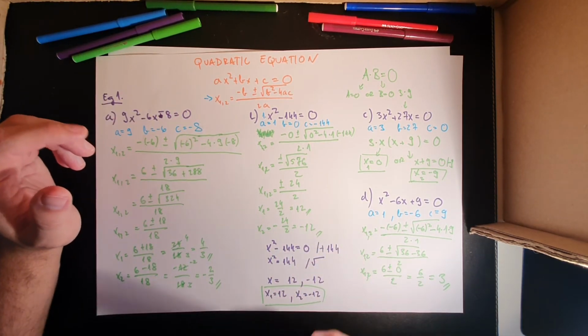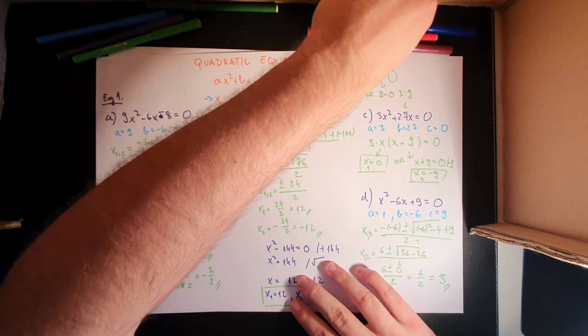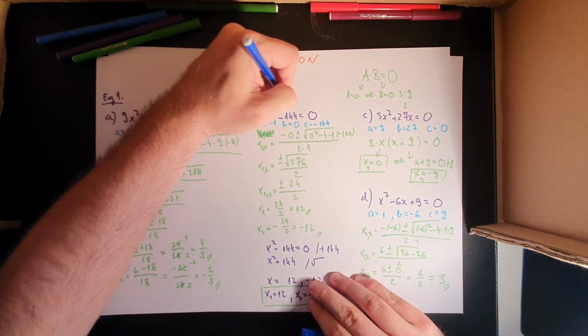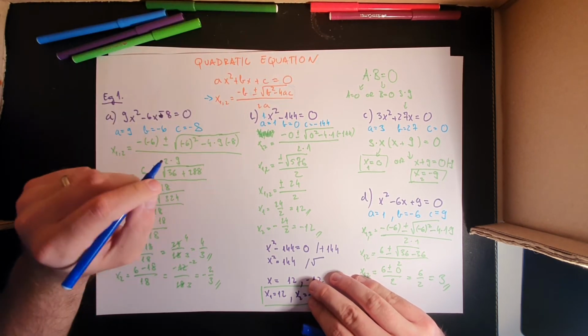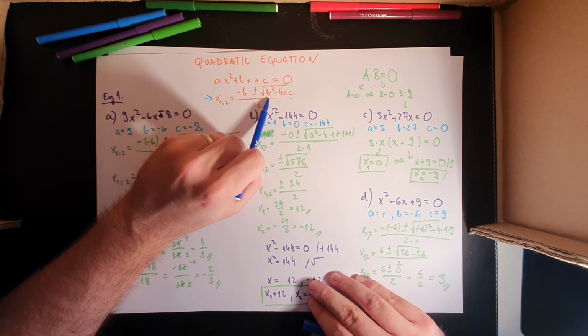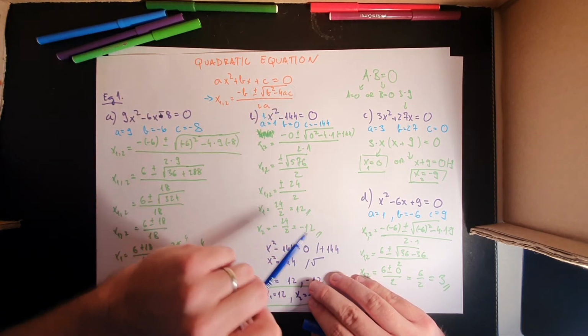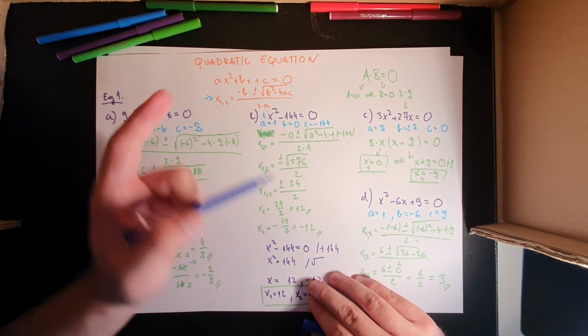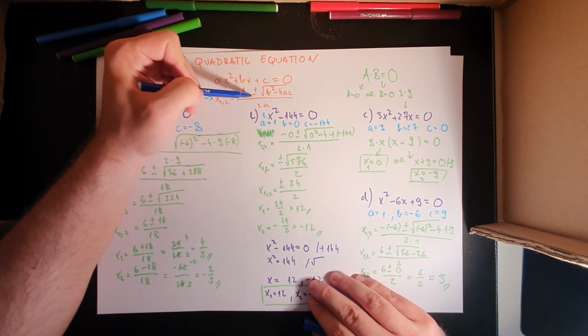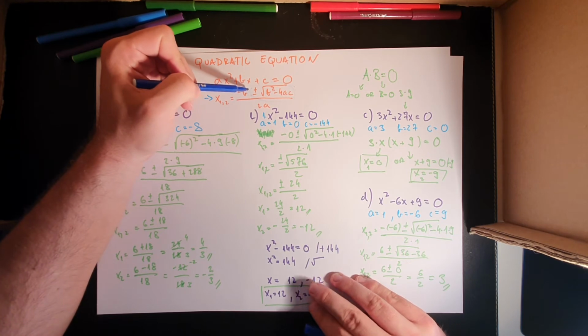Now, let's look at the formula. This part here is the important part to what we're doing. So plus minus square root of b squared minus 4ac is going to determine the number of solutions, the number of real solutions, basically. Because you have a plus and a minus, which already imply that we have two possibilities.